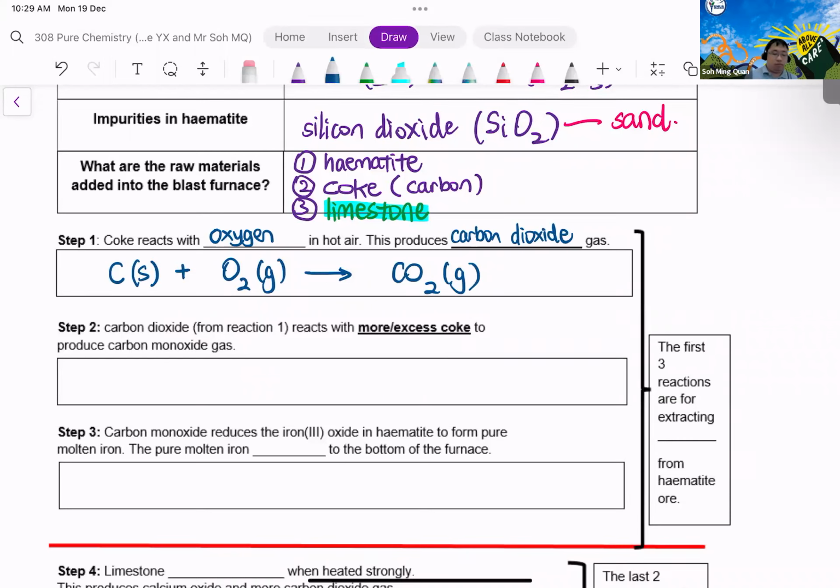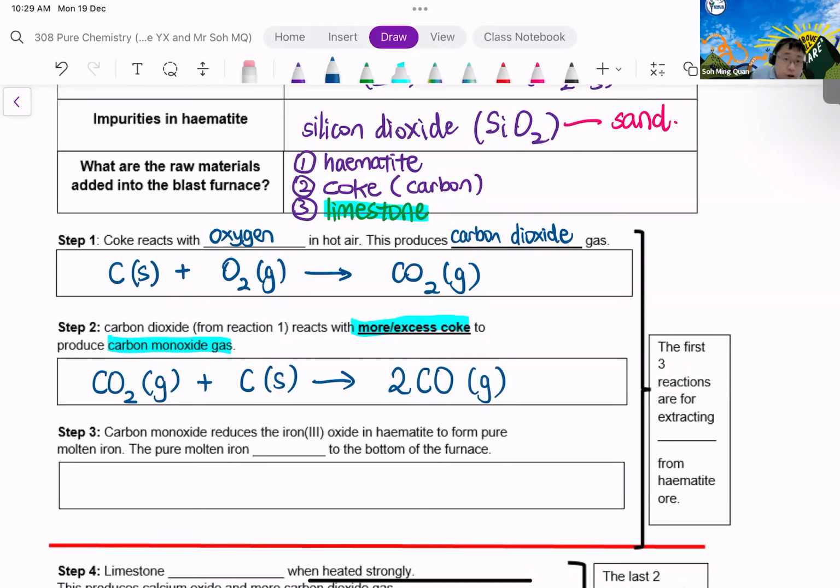Step 2, carbon dioxide from step 1 reacts with excess coke to form carbon monoxide. Now this is crucial.